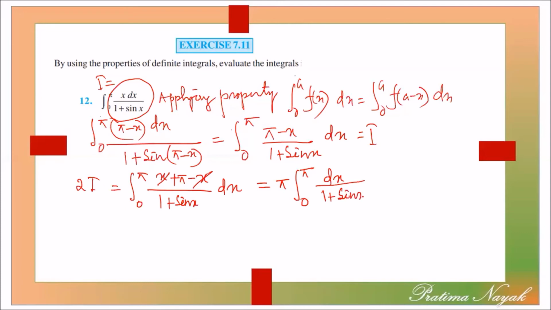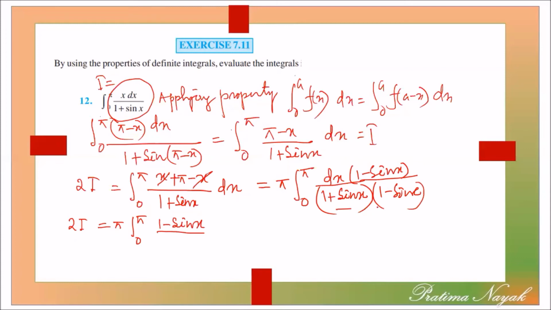Now how to integrate? Either you convert this into a function or just rationalize. Multiply by 1 minus sine x into 1 minus sine x. So it will be twice I is equal to pi, integral from 0 to pi of 1 minus sine x upon 1 minus sine square x. 1 minus sine square x is equal to cos square x.